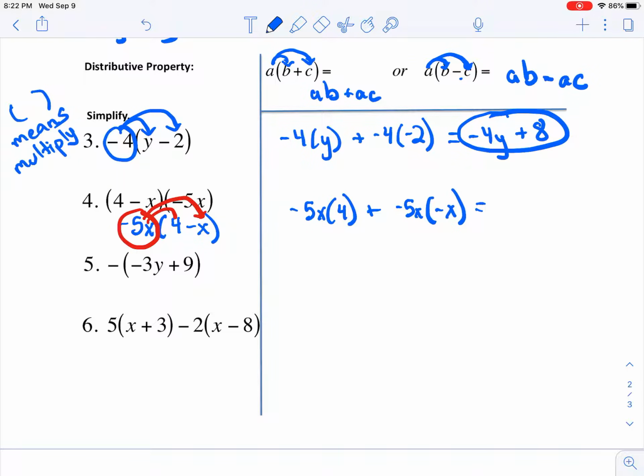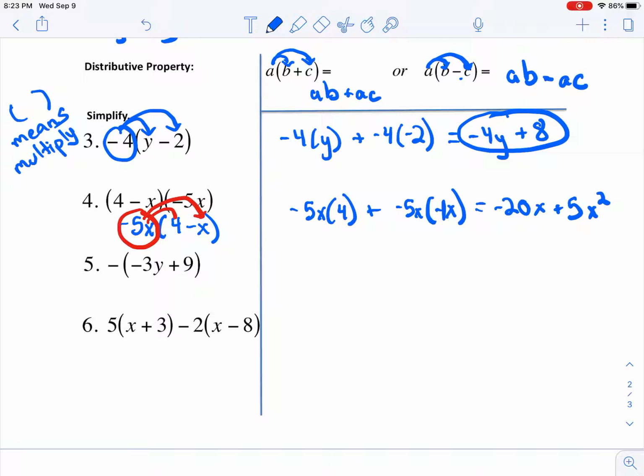So now as we multiply, you multiply the numbers together. So -5 times 4 is -20, and the x just stays. Here, -5 times, remember that's a -1x. -5 times -1 is +5. And x times x is x squared.